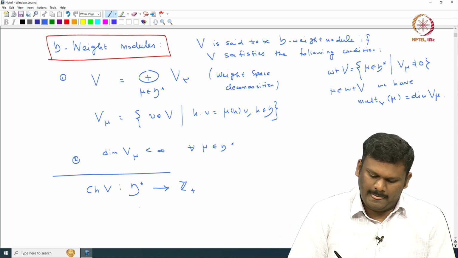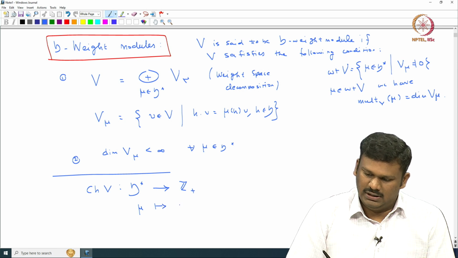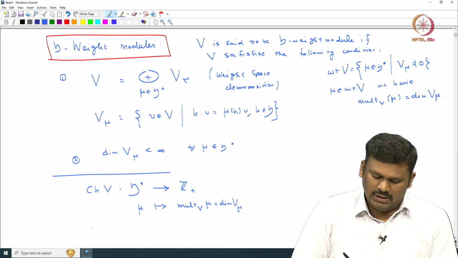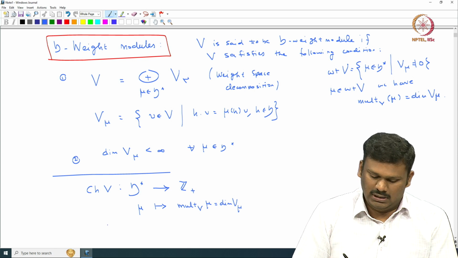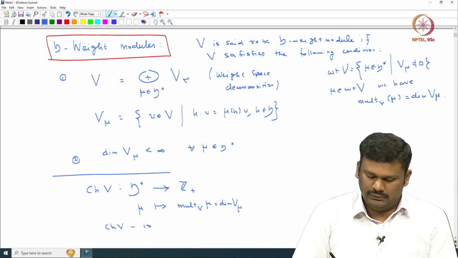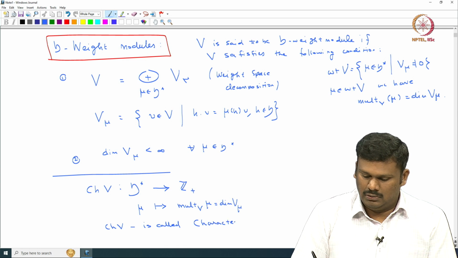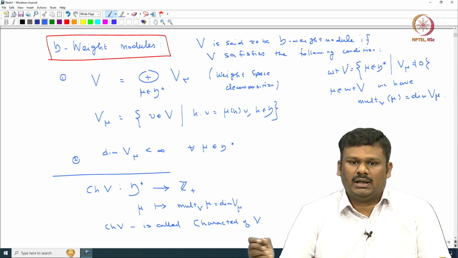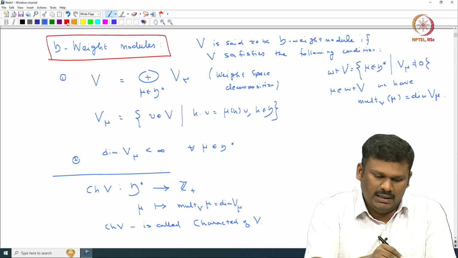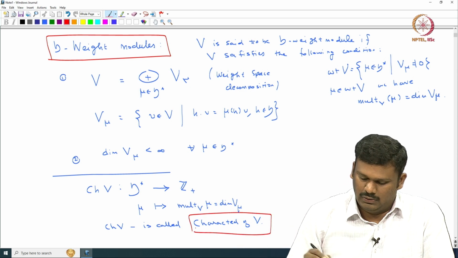So, given this mu, you just send it to the multiplicity of this mu, V mu, which is nothing but the dimension of V mu. So, this function is called the character of V, the character of capital V. So, this is how one can define the character for any given highest weight module.